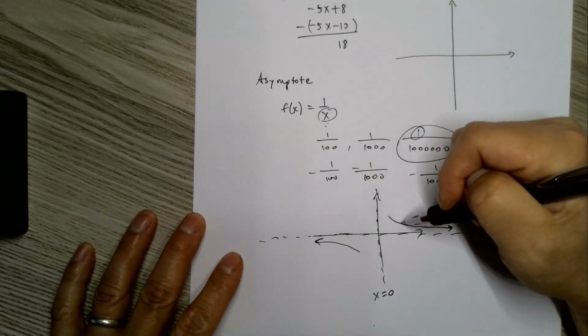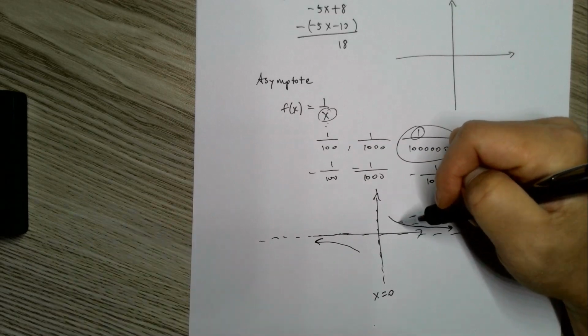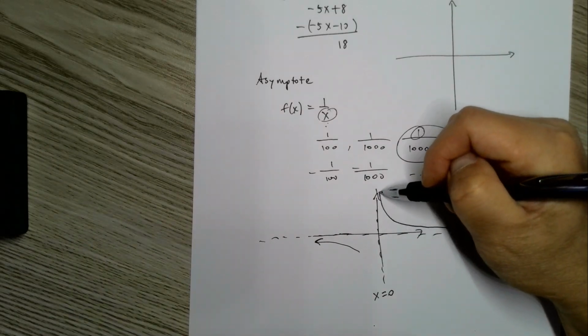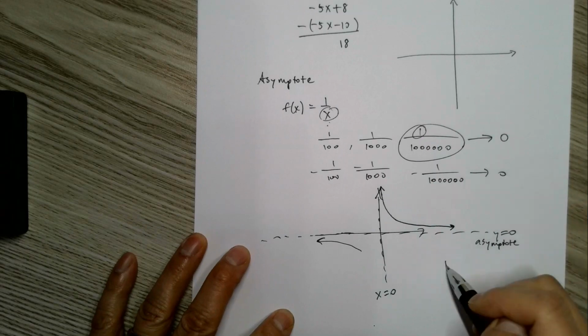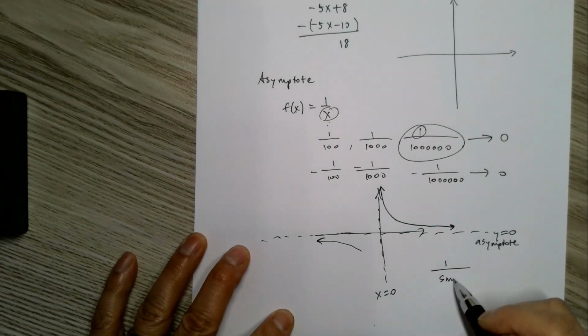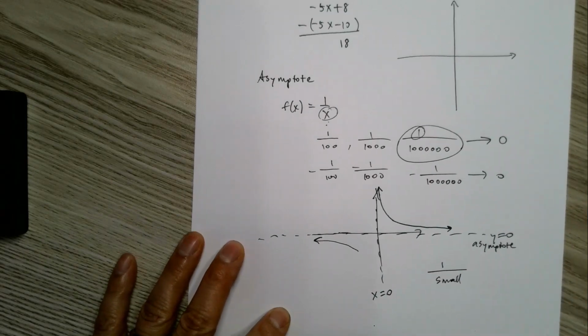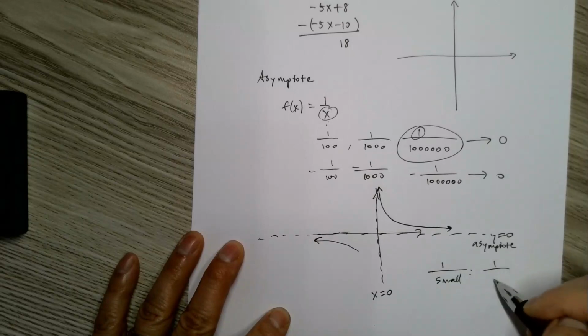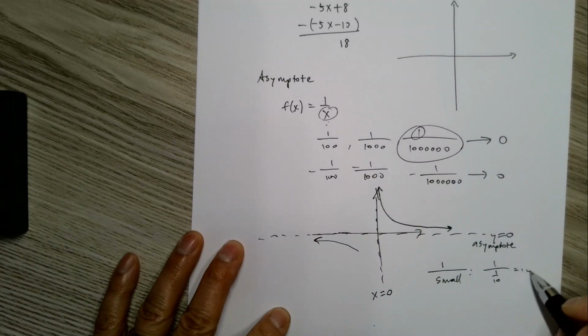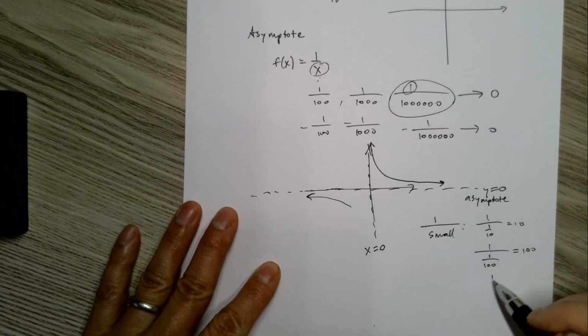And as x gets small, the overall function gets big, because what if I put in something very small in the denominator, like 1 over 1/10? You get 10. 1 over 1/100, you get 100. 1 over 1/a million, you get a million.